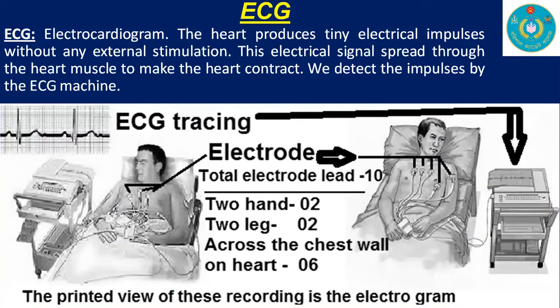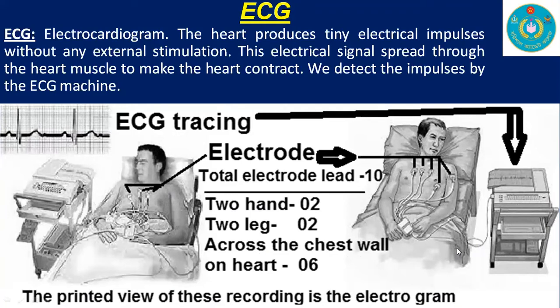This is a diagram. Observe this diagram. Here we have electrodes, and there are mainly 10 electrode leads. Two are connected to the hands, two of them are connected to the legs, and the other six electrodes are connected to the chest.